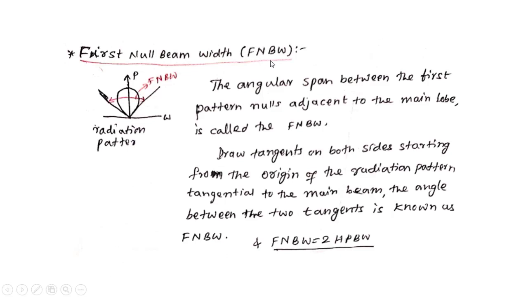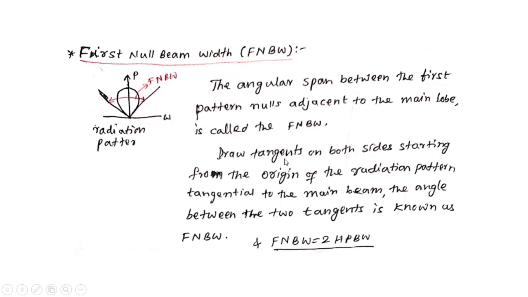If you measure the angle, this is called half power beam width. Next is first null beam width, FNBW. It is the angular span between the first pattern nulls adjacent to the main lobe. These are the two nulls adjacent to the main lobe, and this angle is called the first null beam width.